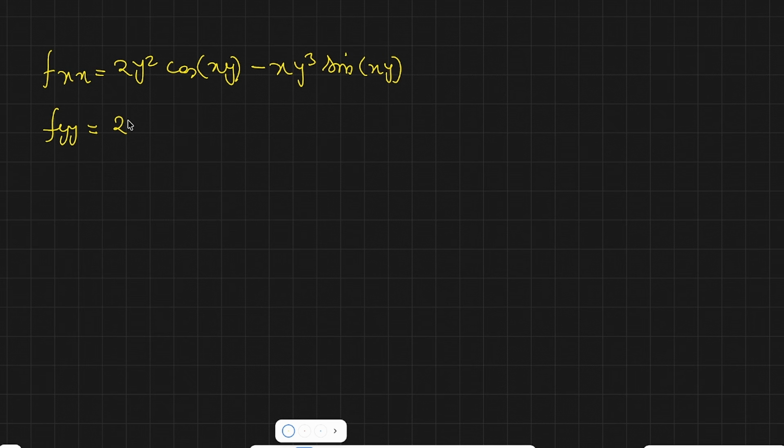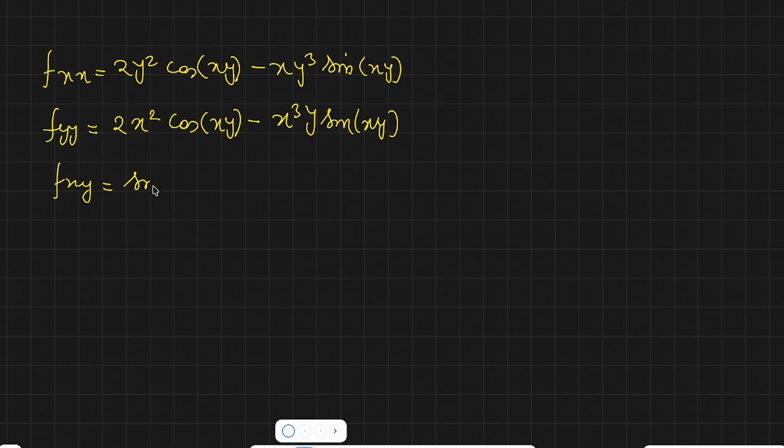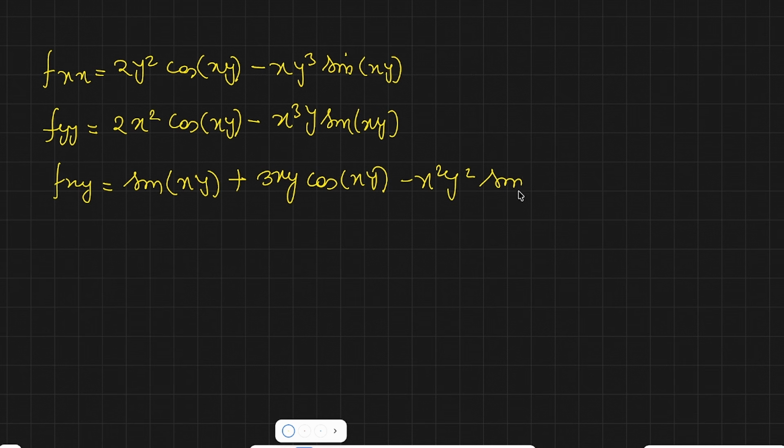So fyy will be 2x square cos xy minus x cube y sin xy, and fxy will be sin xy plus 3xy cos xy minus x square y square sin xy, which also equals fyx. You can match your answers with these. Try this question and you will also get it.